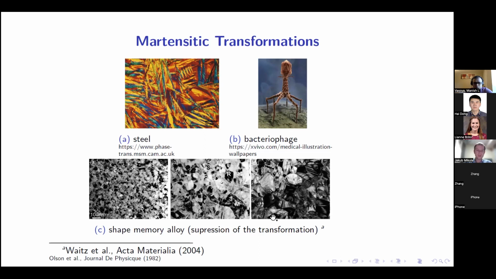Now I will focus only on shape memory alloys and specifically on nanocrystalline materials. It has been shown experimentally, and this is what motivated the study, that as you decrease your grain size, going from polycrystal to nanocrystal, the martensitic transformation becomes suppressed. That's not very desirable because you lose your shape memory effect or your superelasticity behavior.